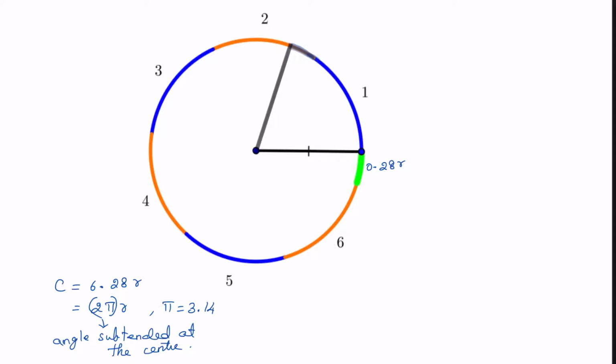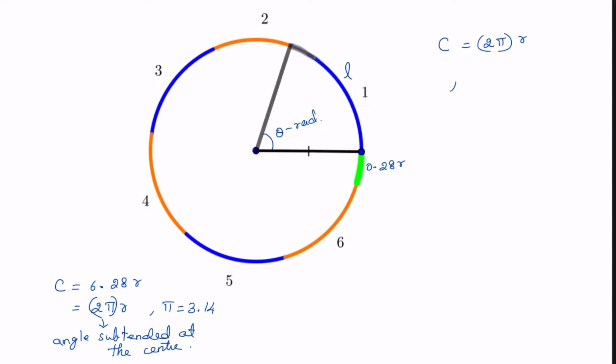Let us now consider this sector whose arc length is L and subtends an angle theta radians at the center. We know that the whole circumference of the circle is 2 pi times r, where 2 pi is the angle subtended by the whole arc length of the circle, which is the circumference of the circle.